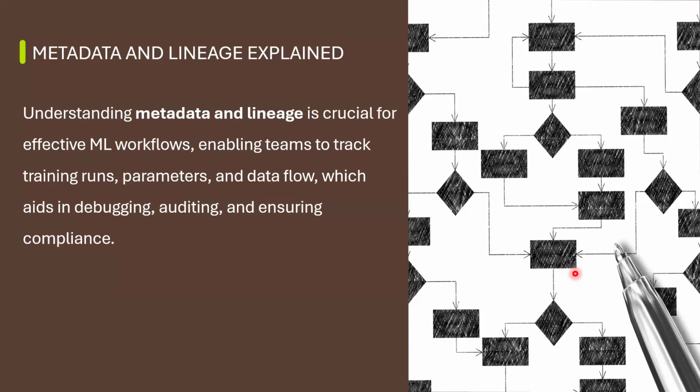So if you are trying to find a problem in your model, the fact that you can see the metadata and the lineage of where the data came from means you can easily track it down and find the source of your problem, whether the feature engineering step didn't work as well or our data wasn't clean enough. Based on the information provided in the metadata and the lineage, we can see where the likely problem started.